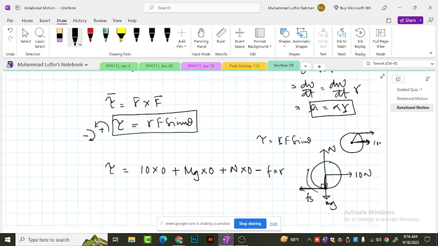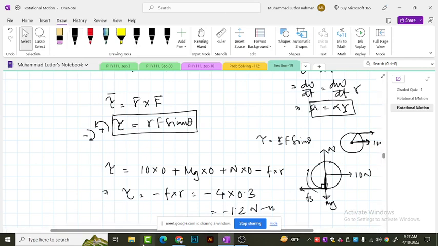It's 90 degrees between the radius and the force, and sin 90 is 1. I drop that 1. I give the minus sign because the system will move in the clockwise direction. So this torque is going to be minus F into r, and I know F is 4 and r is 0.3, so it is minus 1.2 Newton meter. That's the unit of this torque.